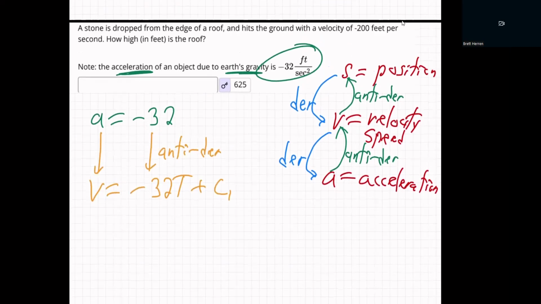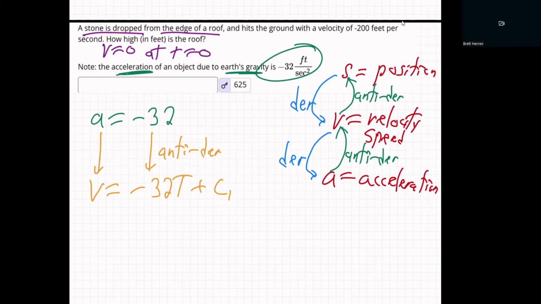And now we're going to use the information that they give us up here. The stone is dropped from the edge of a roof. That means the velocity is 0 at time 0, right? Because at the start, they don't throw it up or throw it down.